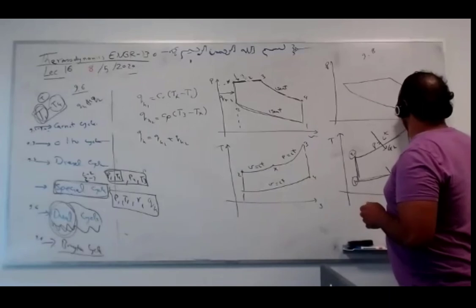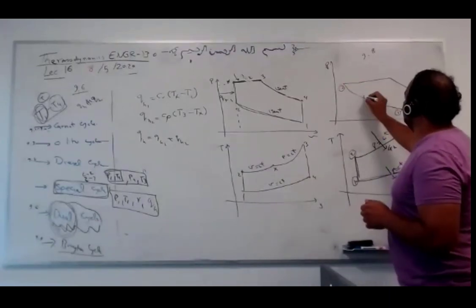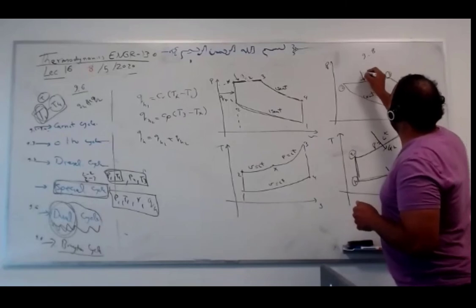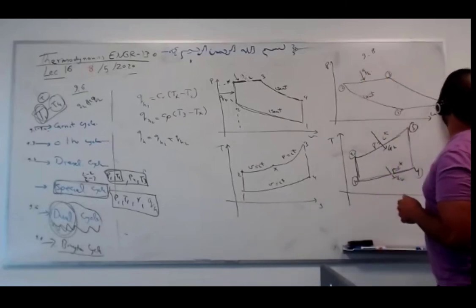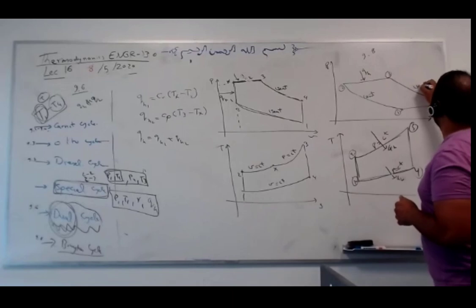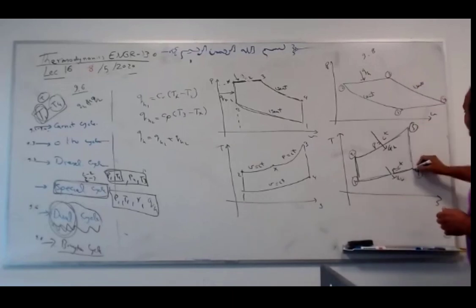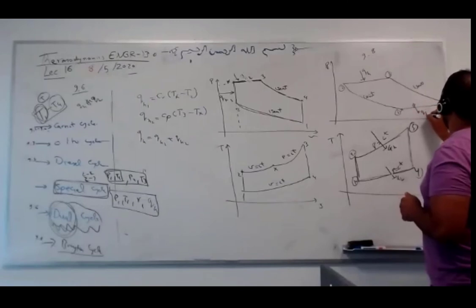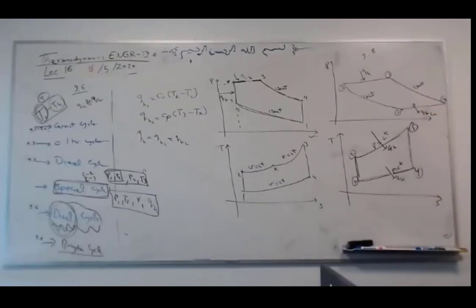So 1 to 2, isentropic. 2 to 3, heat addition at constant pressure. 3 to 4, isentropic, constant entropy. 4 to 1, pressure is constant, which is heat rejection. Okay, guys, any questions? We are done.